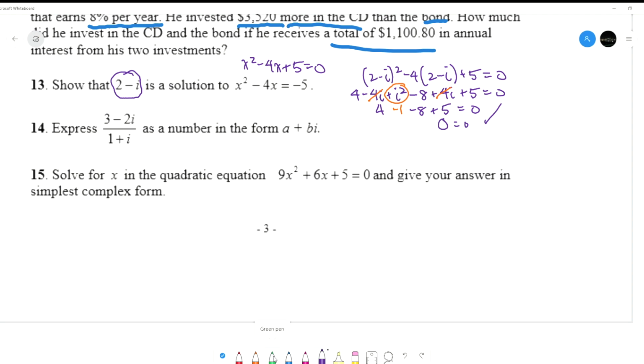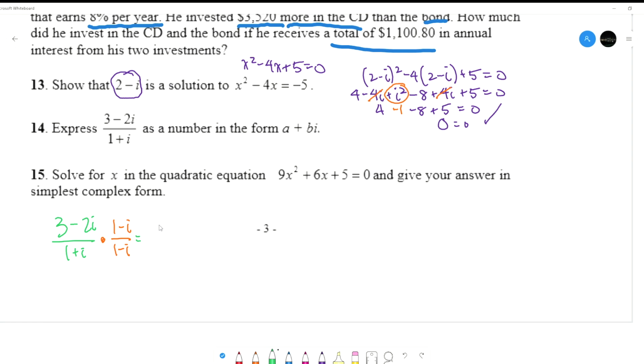For number 14, oh no, that's 3 minus 2i. We have to multiply by the conjugate base. So the conjugate base here is 1 minus i. Remember, we're trying to create a difference of squares in the denominator.